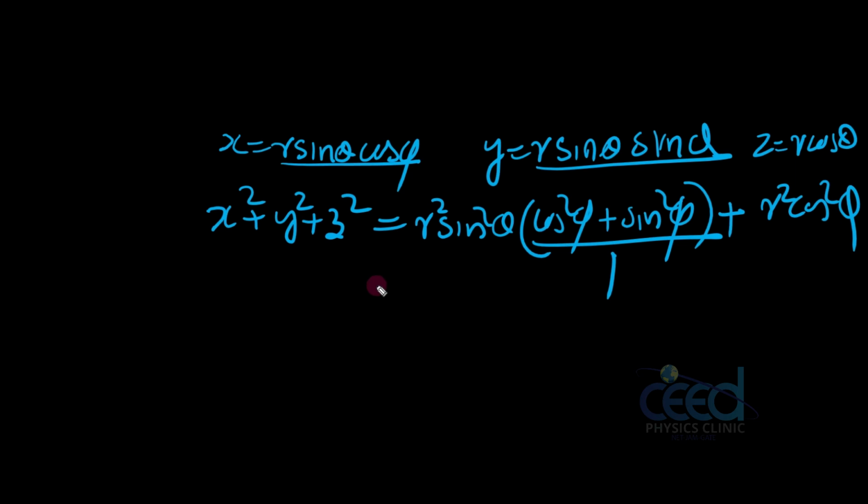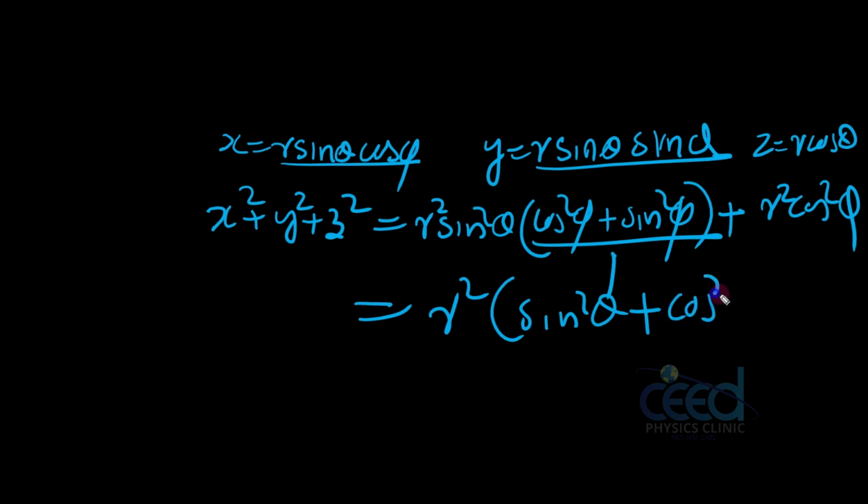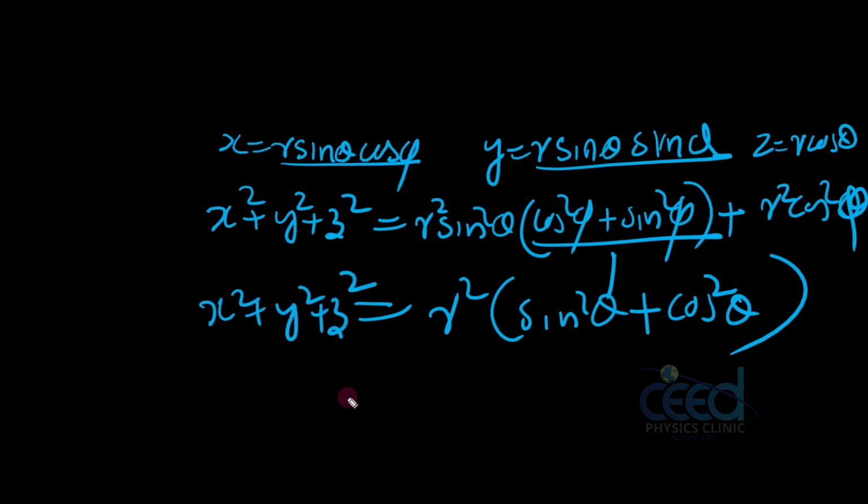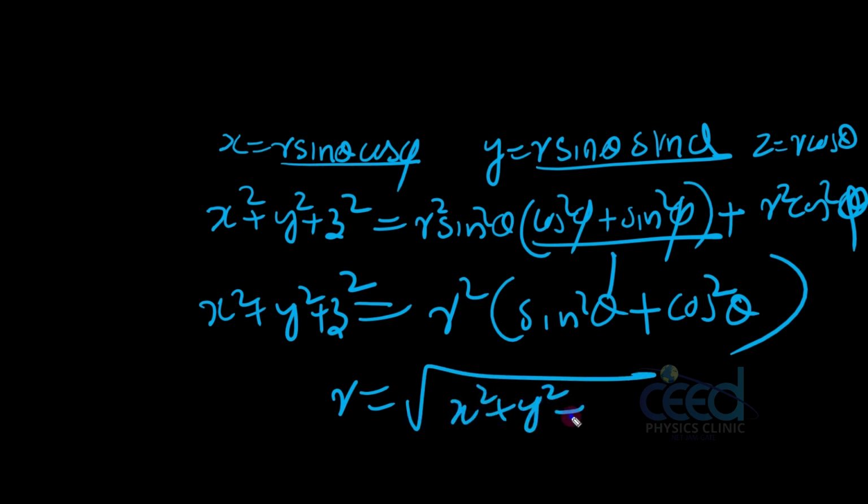So this part is 1 and the remaining part we have r square out, that is r square into sin square theta plus cos square theta. This is not phi, this is theta. Again this part is 1, so this is x square plus y square plus z square. So r is equal to square root of x square plus y square plus z square. So we got the expression for r.